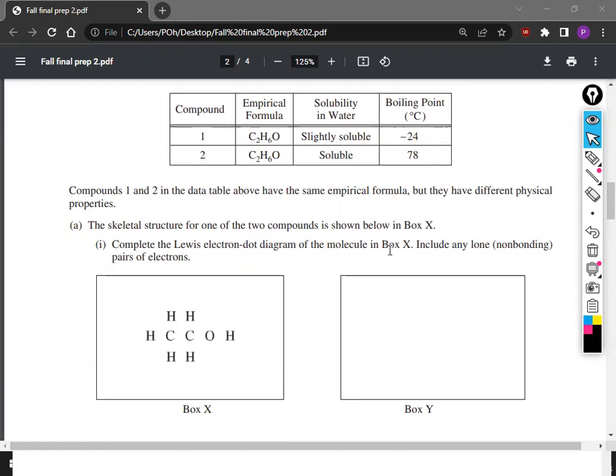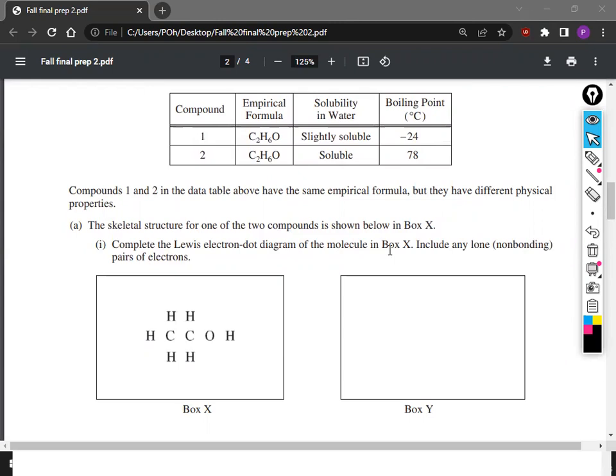Alrighty, guys. So let's take a look at part A. We are working with two different compounds, compound 1 and compound 2. If you guys look at the table, they have the same empirical formula, right? But they have different physical properties. What's the first different physical property you guys notice?